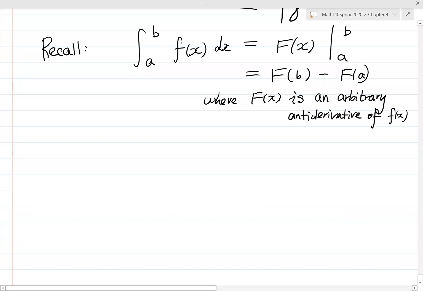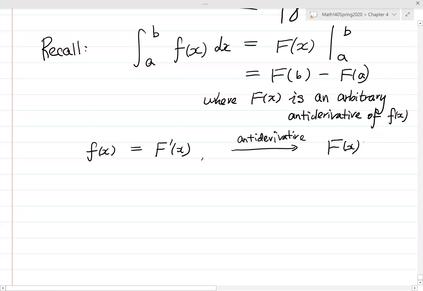Now a special case. If we take this f(x) to be the derivative of capital F, okay, then we can easily find an antiderivative. If f(x) is the derivative of some function with respect to a variable x, then it has antiderivative capital F, by definition of antiderivative, that's easy.